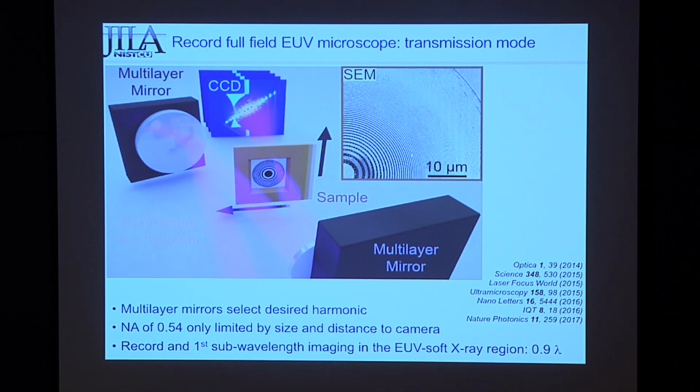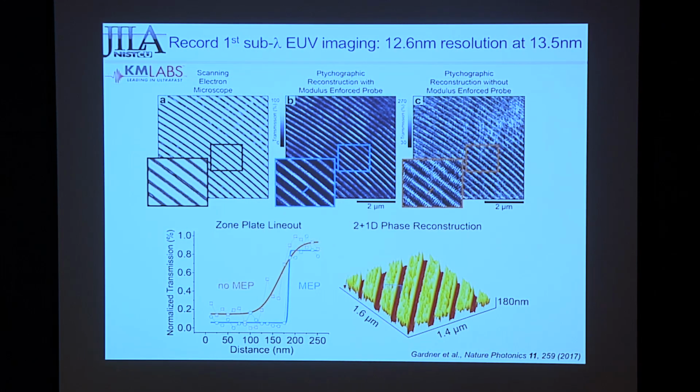And then more recently, we wanted to show that we could image periodic samples. This is relevant for technological applications. And initially we got terrible results. So this was the SEM image, and this was our initial reconstruction. It had all these features that weren't present in the scanning electron microscope image. Eventually we realized what was happening is that even in ptychography, the algorithm can get confused between features in the beam and features in the sample.